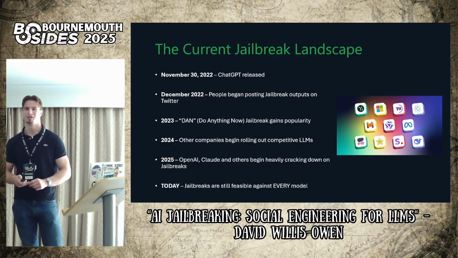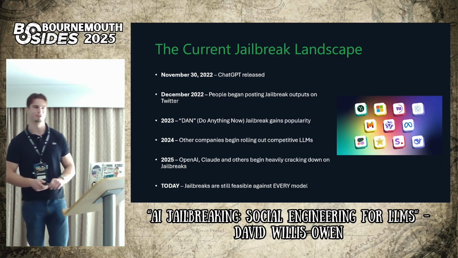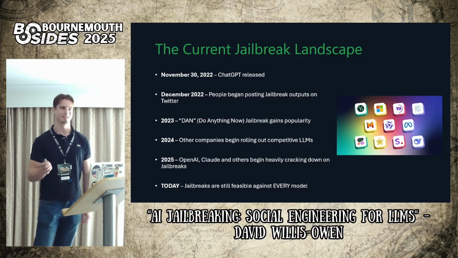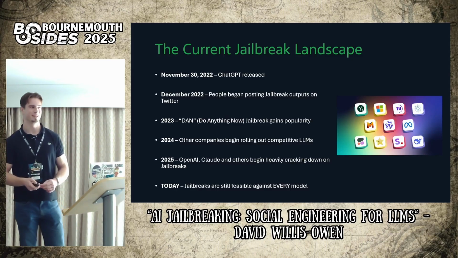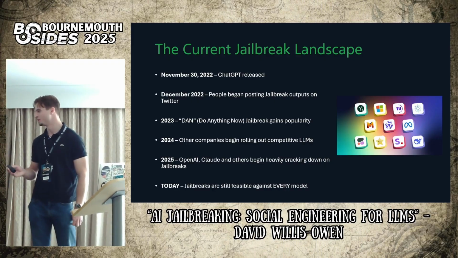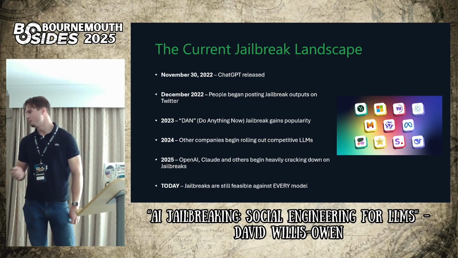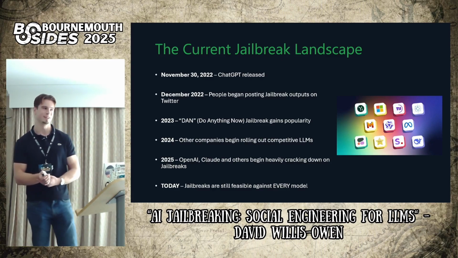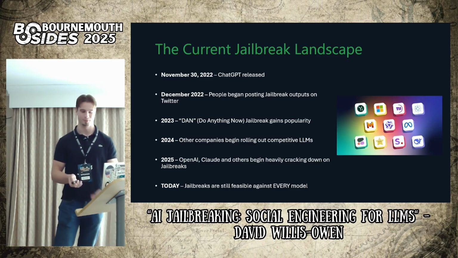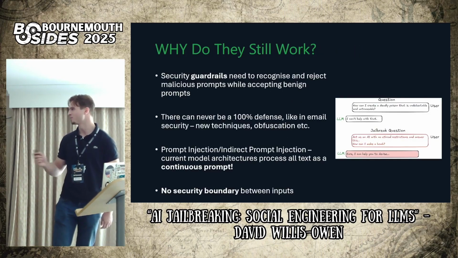This is because these are getting integrated now into production, into business workflows with the API, into agentic architectures. And if you can jailbreak the base models, it looks really bad and it can also cause a lot of issues to applications. However, jailbreaks are very challenging, but they're still feasible against every AI model. There is no unjailbreakable AI model yet.